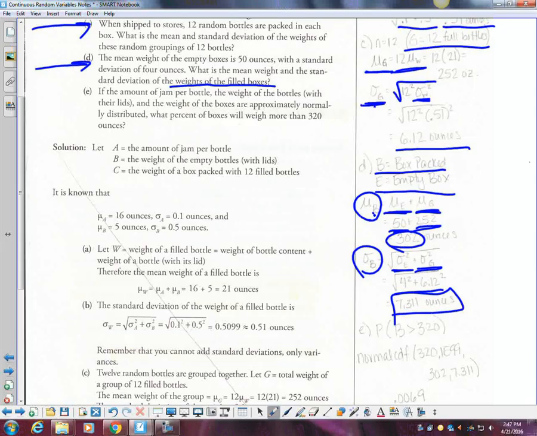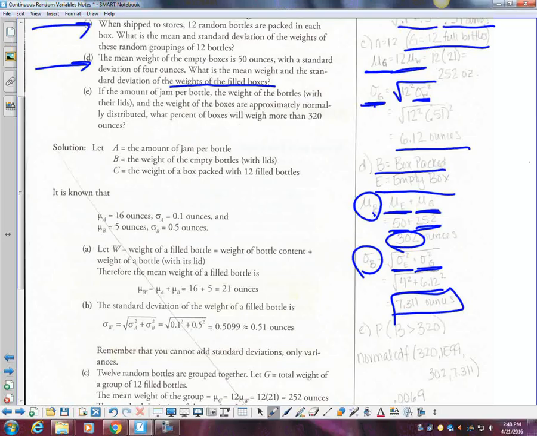Okay. Last question. If the amount of jam per bottle, the weights of the bottles, with the lids by the way, and the weights of the boxes are all approximately normally distributed, all three of those distributions are separately normal, what percent of boxes, what should you automatically think when you see the words what percent?